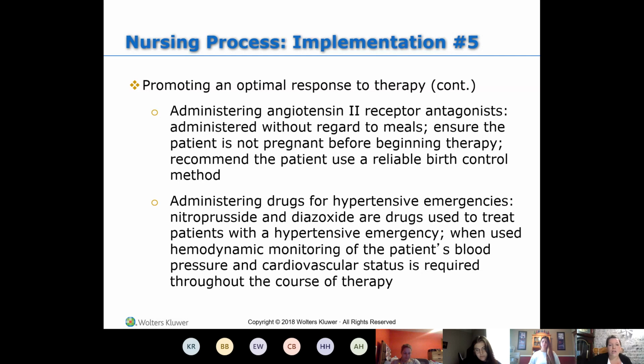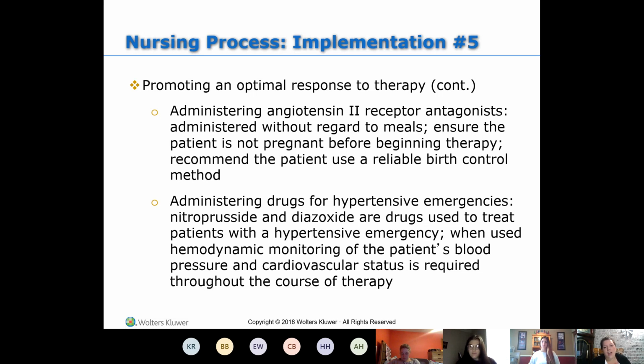So whenever I worked in pre-op, our rule of thumb was they didn't go back to surgery if their pressure was greater than 165 systolic and greater than 95 diastolic. So we would let them chill out and recheck it.